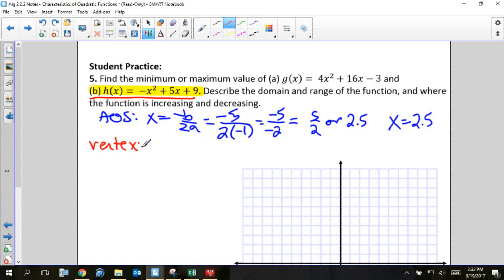Vertex, we're going to plug in x equals 2.5 into the equation. So h of 2.5 is negative 2.5 squared plus 5 times 2.5 plus 9. Am I okay with you using a calculator on a question like this with the decimals? Yeah, I'm okay with that. Just make sure that we square the 2.5 first, then we make it negative.